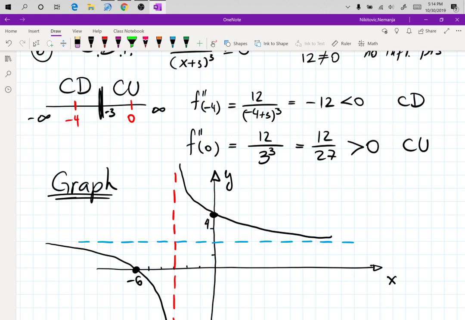So you can pick -100, and it will give you still concave down, because the calculation here doesn't care about the value you get, it cares about its sign. Because the theorems that we presented say, if the calculation at the test point you pick give you negative, it's decreasing or concave down, depending which test you're doing.